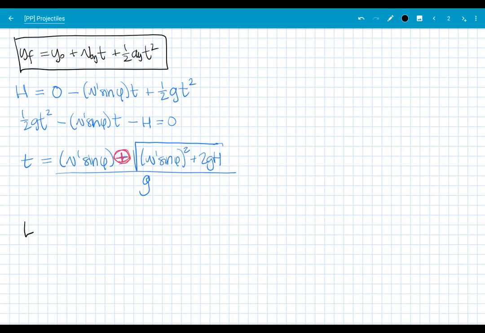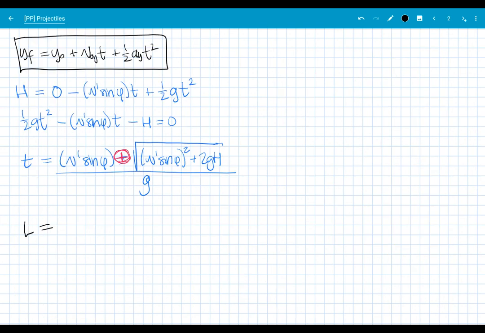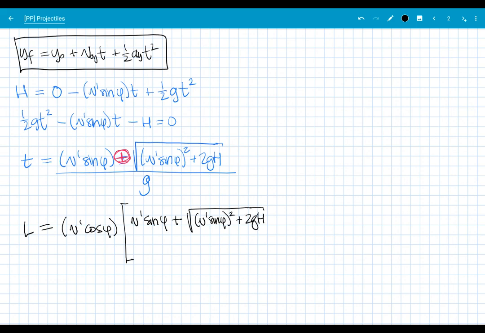So L is equal to, let's go back and look at that real quick, V prime cosine phi times t. So that'll be V prime cosine phi times this expression for t, which is V prime sine phi plus, I know I'm using that positive sign there, root of V prime sine phi squared plus 2gh, all over g.